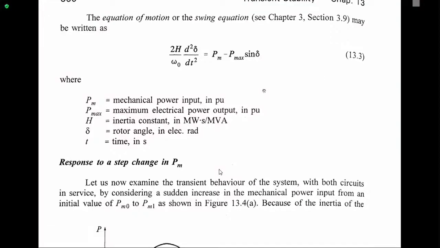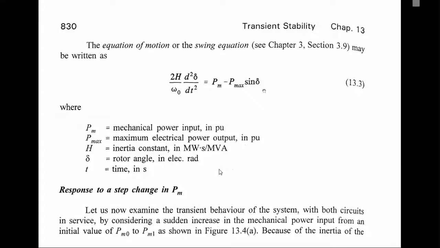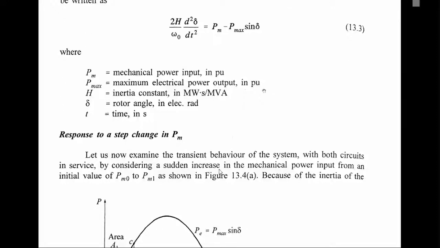Anyway, you need to know the single machine infinite bus system, where a machine is connected to an infinite bus via a transmission line. The transmission line can be 2 lines, 3 lines, 4 lines, but in our case we are considering 2 transmission lines, in which one of the transmission lines is experiencing a ground fault.